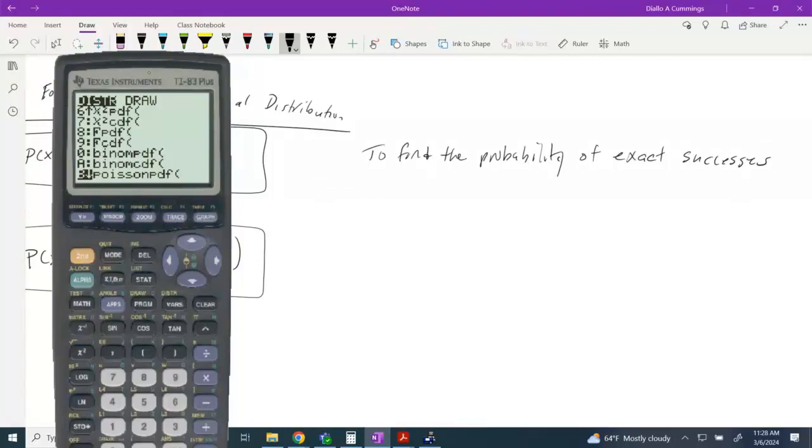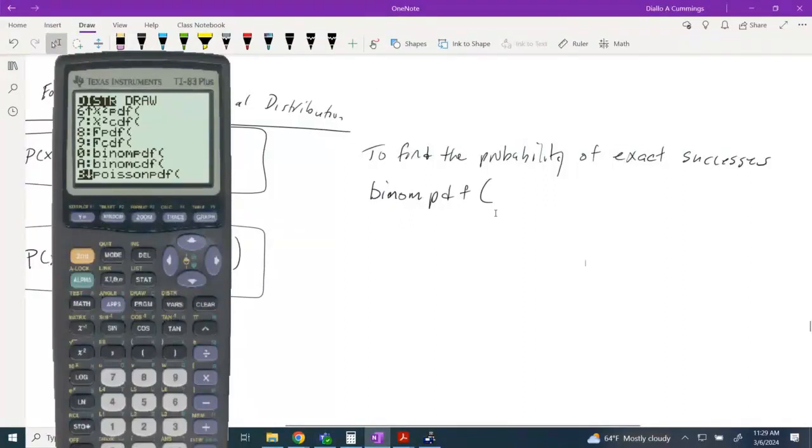You want to use the binomial PDF. Right, so if you were trying to find the probability of, let's say, exactly 4 successes, whenever you see that word exactly, you're going to use this binomial PDF.